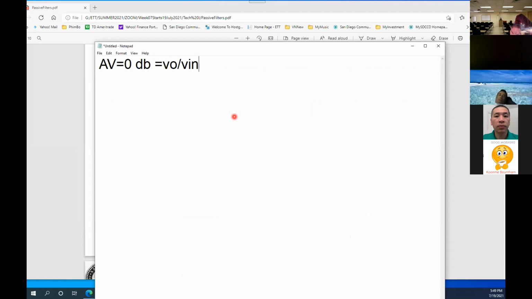And now, if you take the log, AV equals 20 times log of V out divided by V in. Okay, and that equals 0.